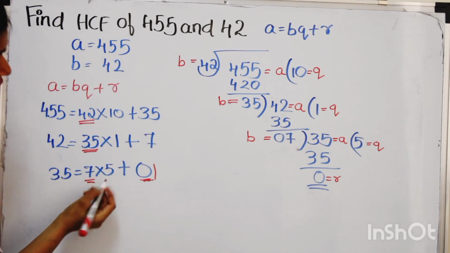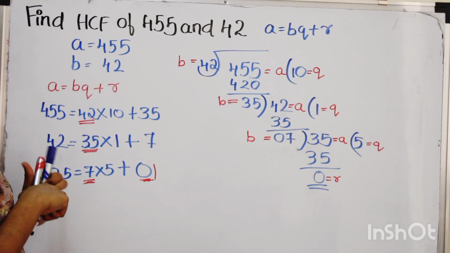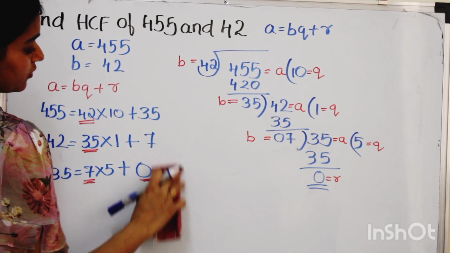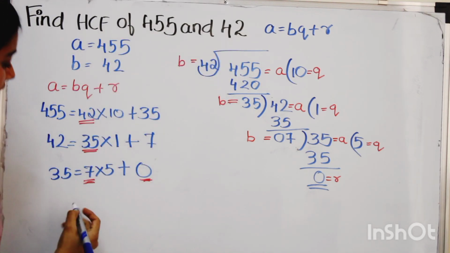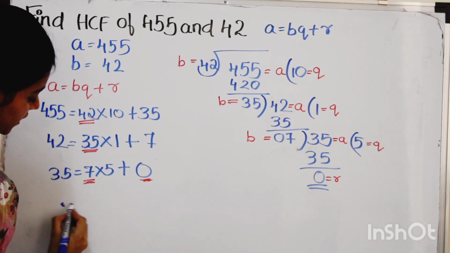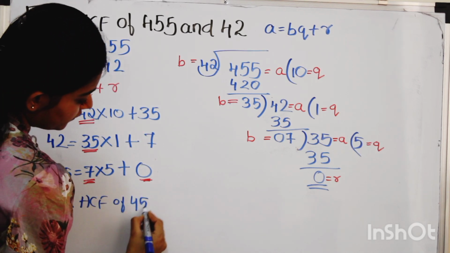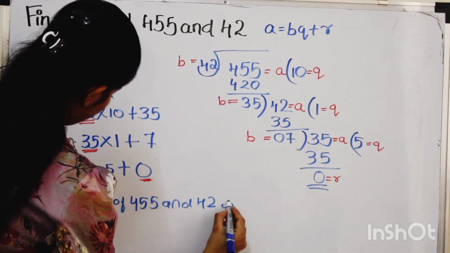After that, the last value of b is 7. That is the answer. 7 is the answer for the HCF of 455 and 42. So therefore, write down: the HCF of 455 and 42 is 7.